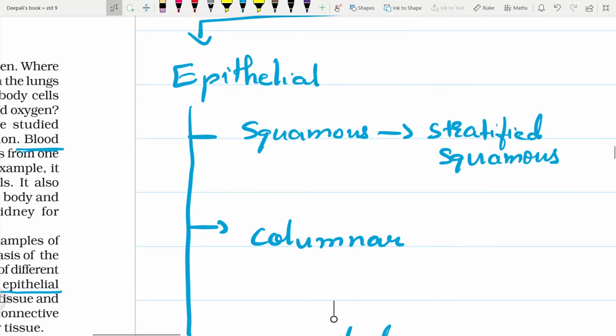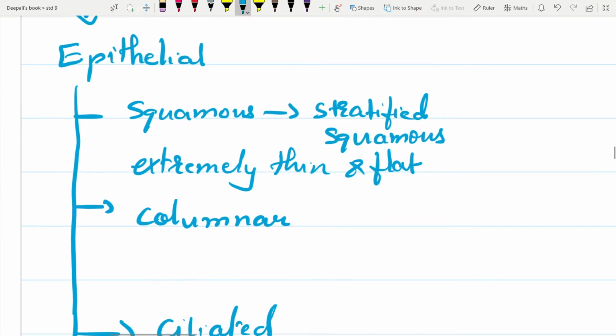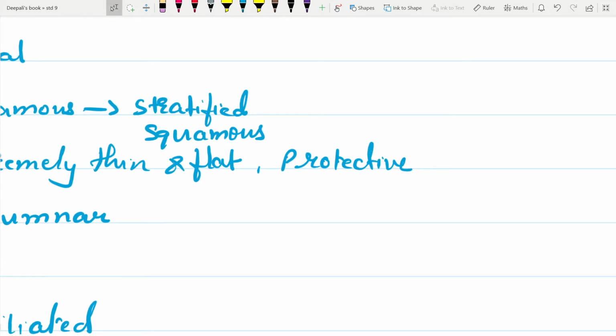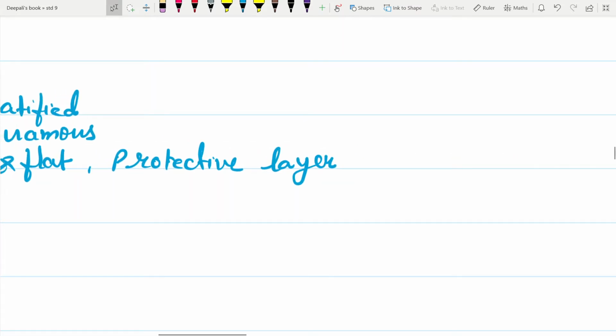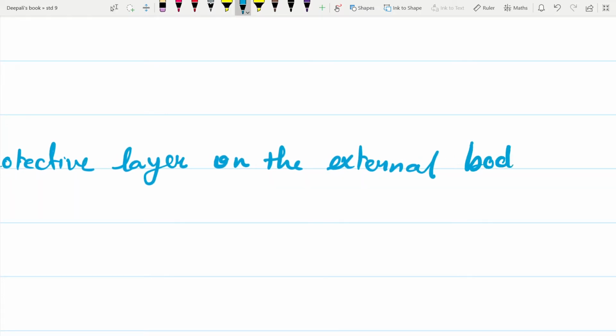They are extremely thin and flat and protect the body by forming a protective layer on the external body parts.